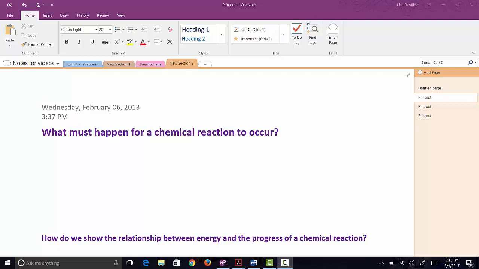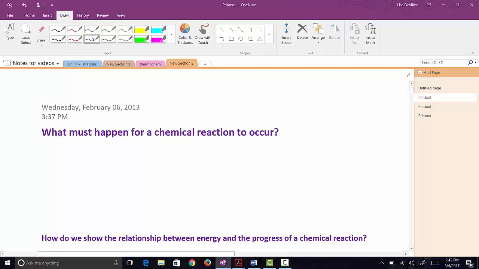So the first thing we want to look at is, all right, what has to happen for a chemical reaction to occur? And the basis for this is something called collision theory. And collision theory has three basic parts.